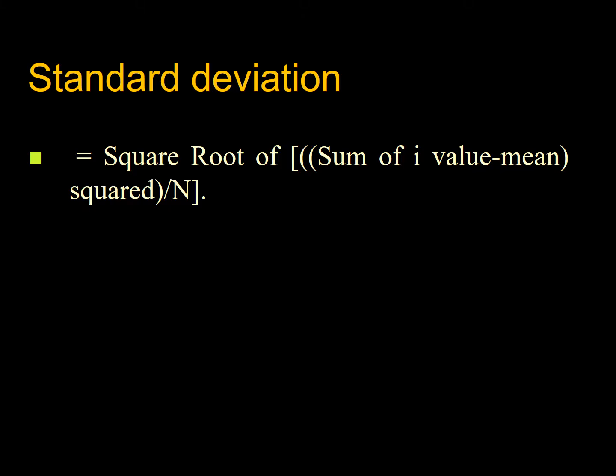So how do we calculate the standard deviation? And it should be pointed out the standard deviation is not the same thing as the standard error. The standard deviation is the average distance that values are from the mean. So in a sense, it's an average.